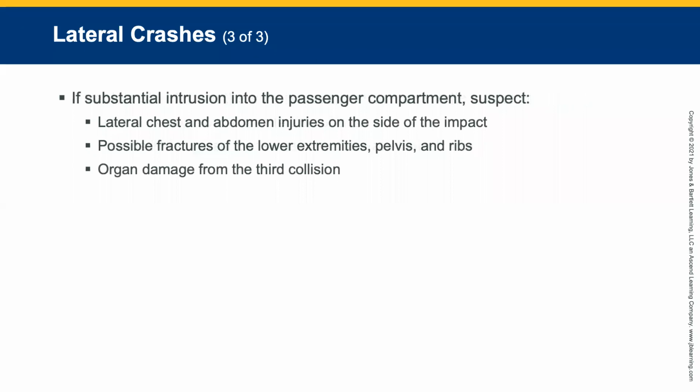If there is significant intrusion into the passenger's compartment, suspect lateral chest and abdominal injuries on the side of impact. Also suspect possible fractures to the lower extremities, pelvis, and ribs, and organ damage from the third collision.